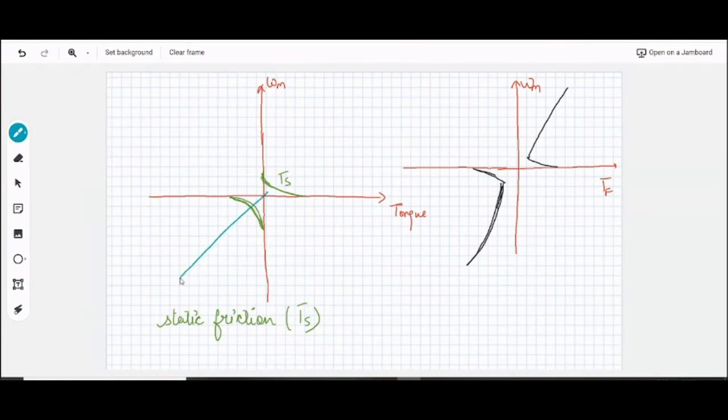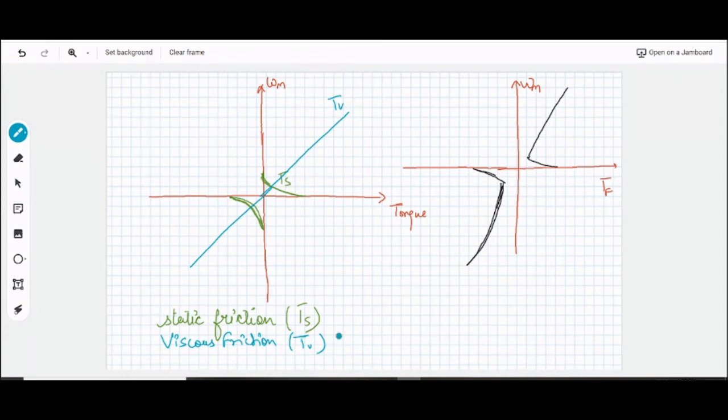And it has been observed that viscous friction varies linearly with the speed. है ना? Let it be TV, right? This is the viscous friction torque, TV.